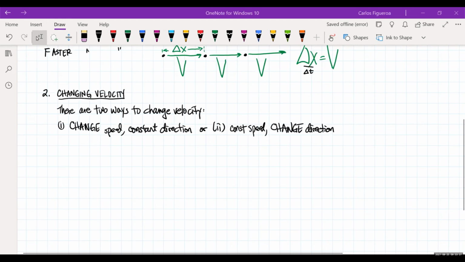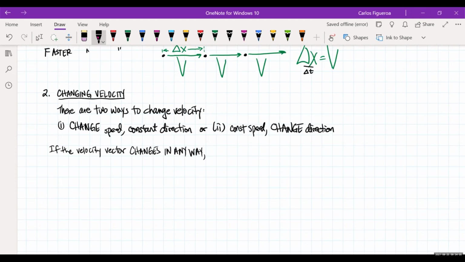Now, the important piece here is that if the velocity vector changes in any way, then velocity is changing.